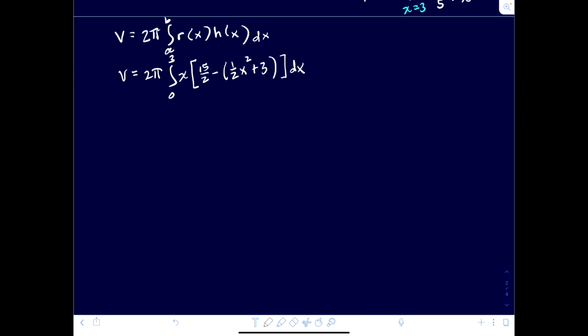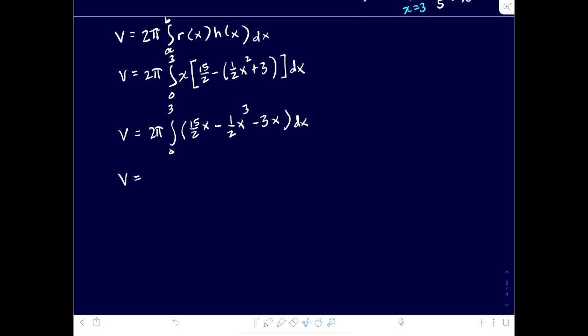So then, working through it, let's see what we get. V will be equal to 2 pi times the integral from 0 to 3 of x times (15/2 minus 1/2 x squared minus 3). I'm distributing that x through, so that would give us minus 1/2 x cubed, and then minus 3x dx.